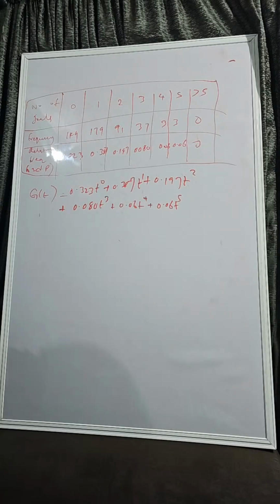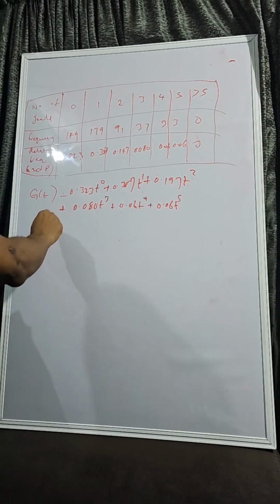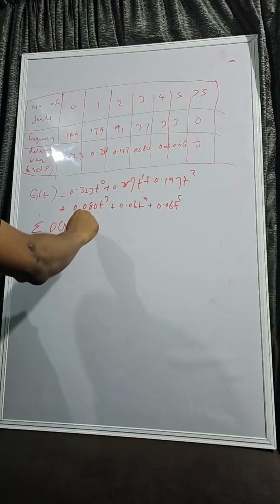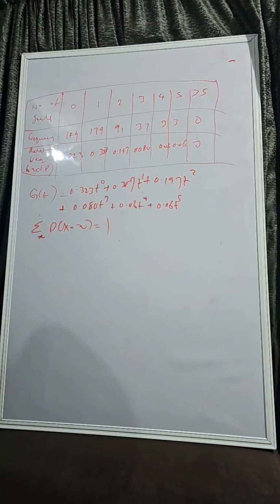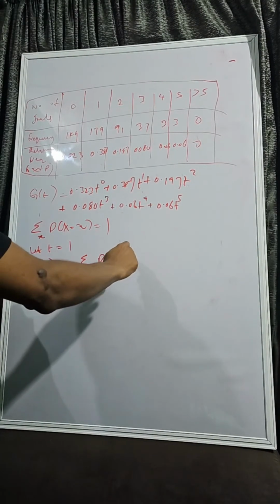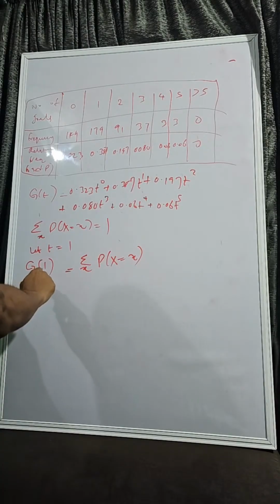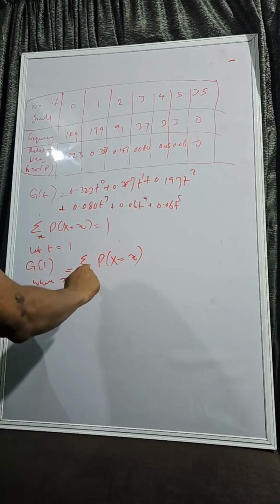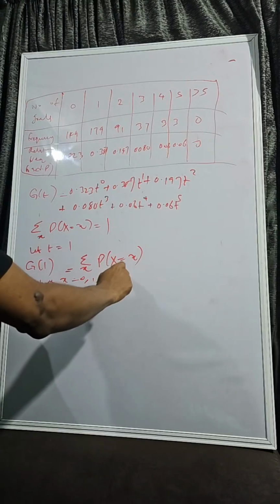Now, why is this important? We know that all probability distributions must satisfy the expression summation of P of x equals 1. So let t equal 1, then G of 1, meaning this probability generating function where t is 1, equals the summation over x, where x can be 0, 1, 2, 3, 4, 5.